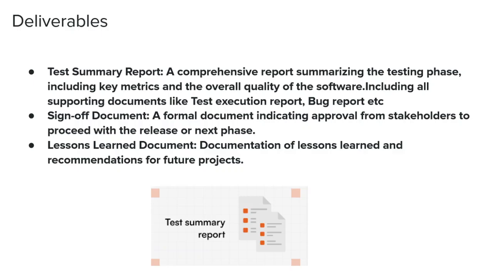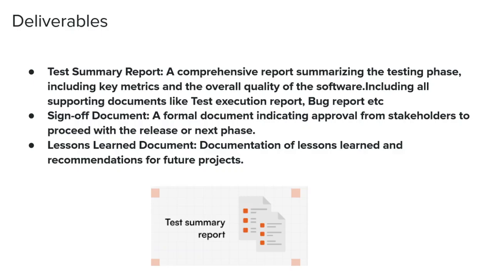All this information will be part of the test summary report. If there are any challenges faced during the test execution, any new learnings which we understood during the test execution phase, which would be helpful for next releases, all this information will be part of the test summary report.